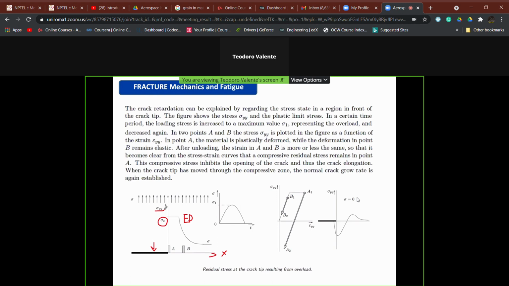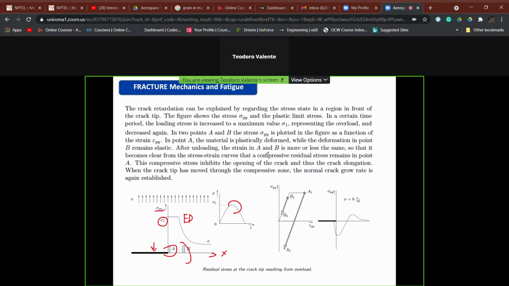The figure reported here tells us that if the loading stress is increased to a maximum value sigma 1, representing our overload, and then decreases again, going to 0 when the overload is removed and we have just the random load, in points A and B, which are near the crack tip, we can have the stress plotted as in the figures.